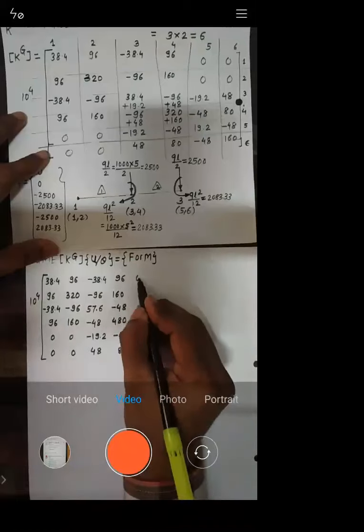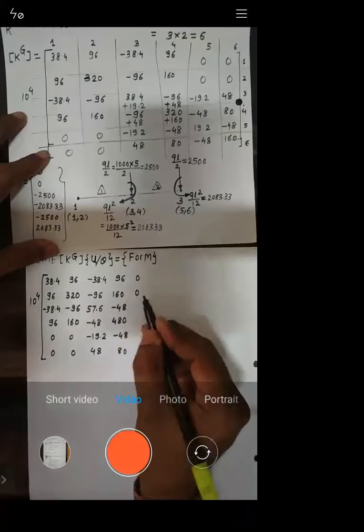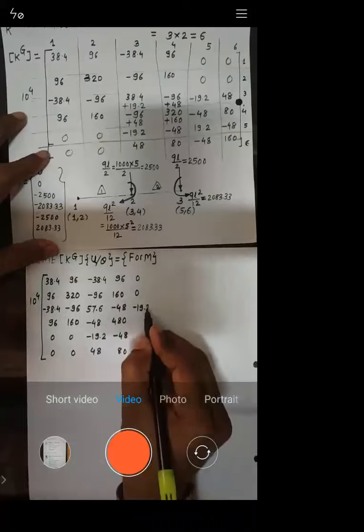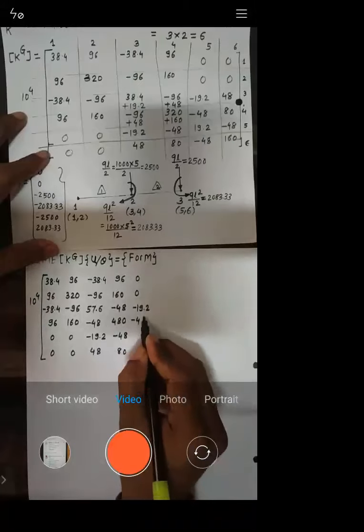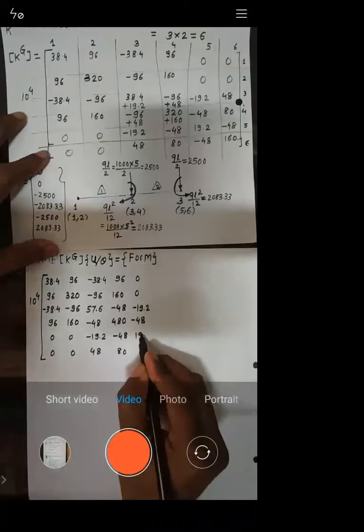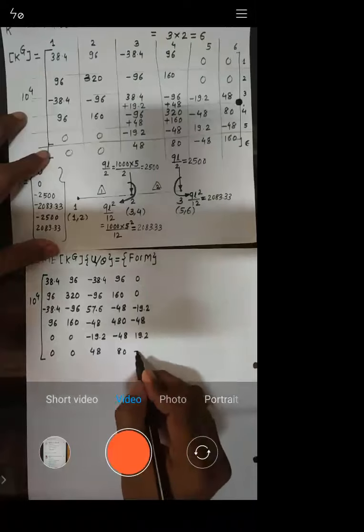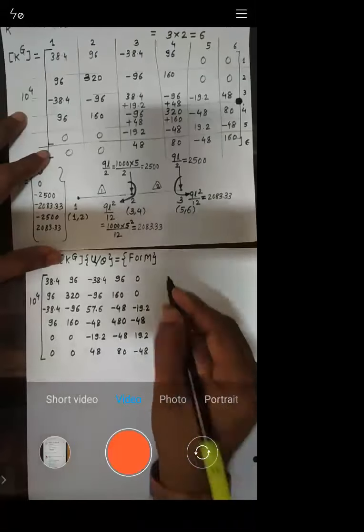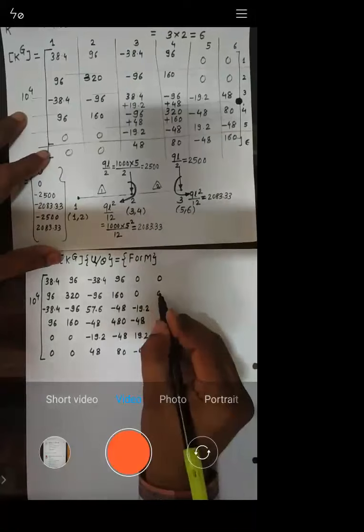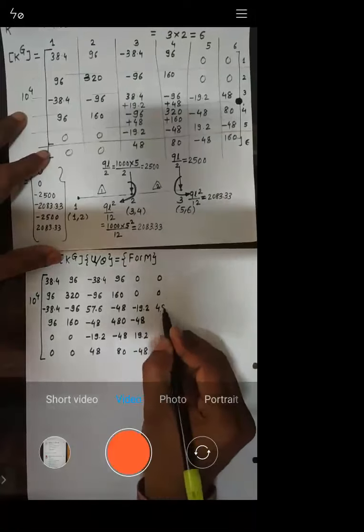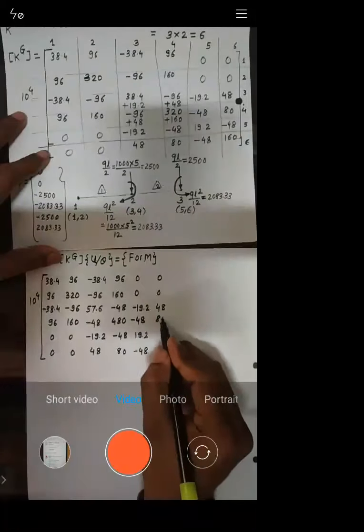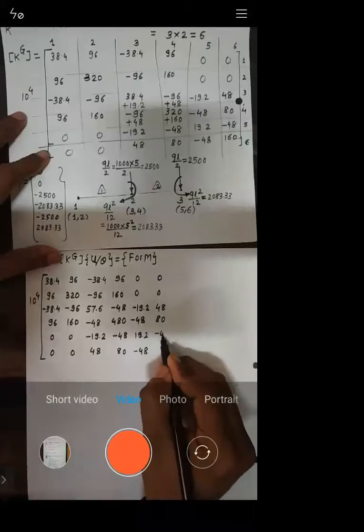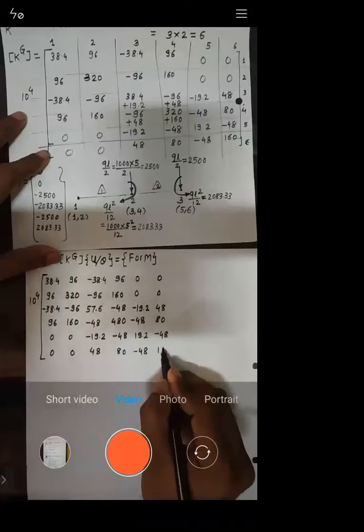Next, I'll put 0, 0, minus 19.2, minus 48, 19.2, minus 48. Then 0, 0, 48, 80, minus 48, 160.